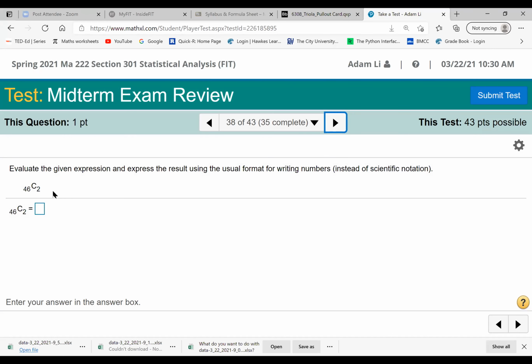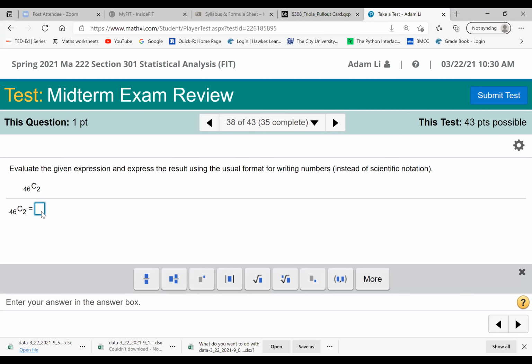Question 38, it's about a combination. Evaluate the given expression, and express the result using the usual format for writing numbers instead of scientific notation. So C represents combination. You're picking 2 subjects out of a total of 46 subjects, and order does not matter. This is a typical combination, and you could get it done in Excel pretty quickly.